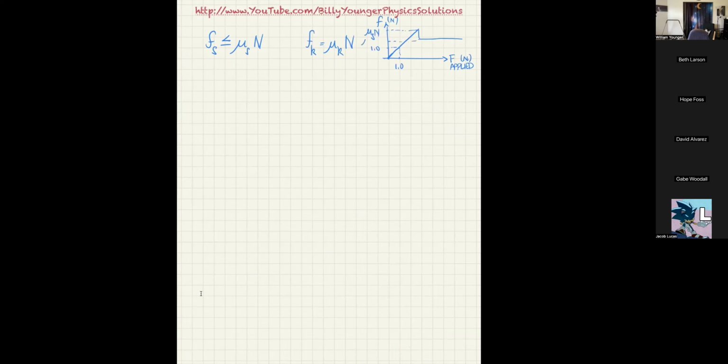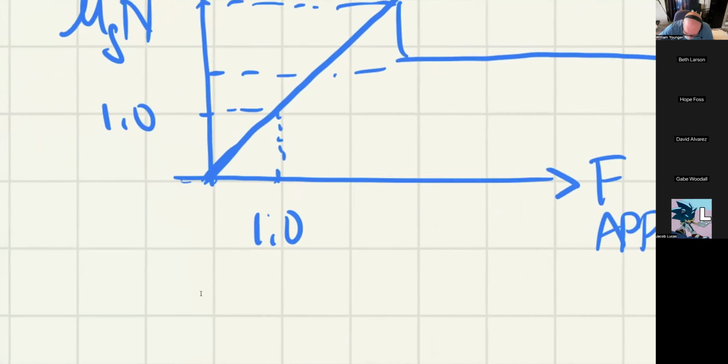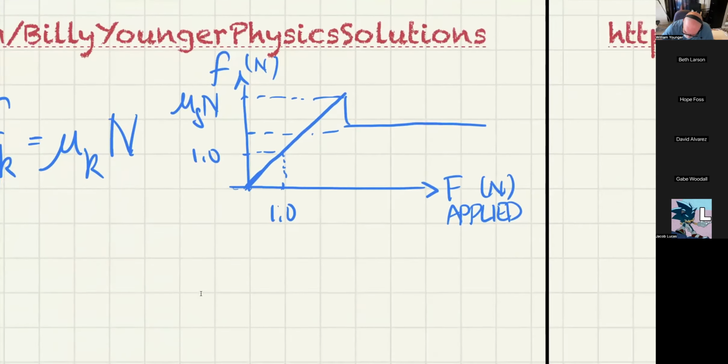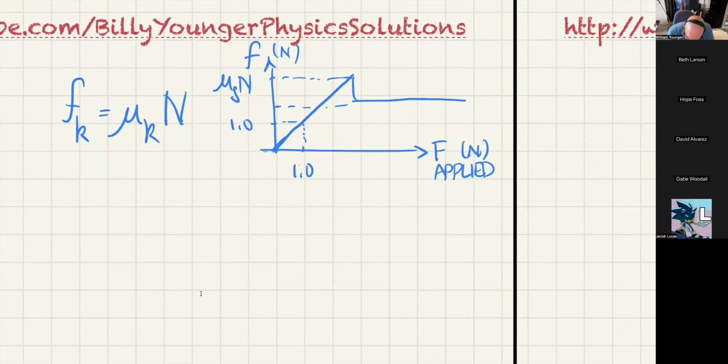Now, this quantity is mu kinetic times the normal force, and I've drawn that so small it's not very helpful. So I'm going to zoom in a little bit and better show what I'm talking about. I didn't draw these lines too well either, but when the drawing was that small, it didn't matter too terribly much. So this force is mu static times the normal force.